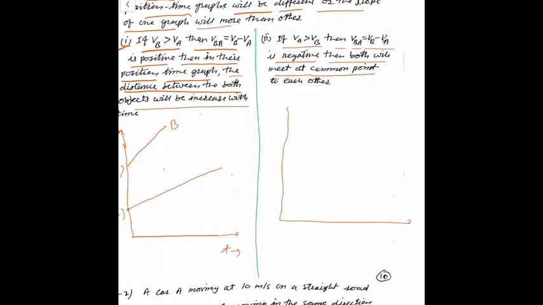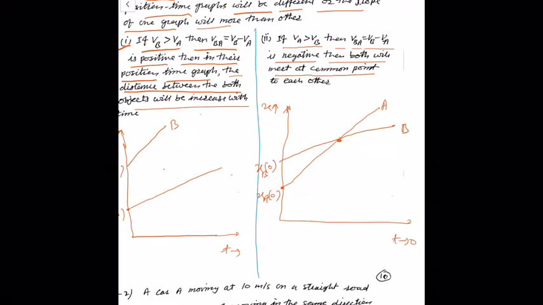Here it is time axis, position axis, position of A at t equal to 0, position of B at t equal to 0. Both meet at this point C.